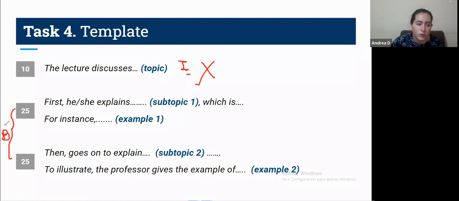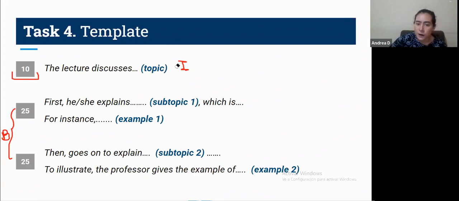The most important part is always the body. That's the core of your response, which means that you cannot spend more than 10 seconds in the introduction. That's already 1/6 of your response. If you go over that, then it's probably not such a good thing. So that is the first thing I want you guys to know.